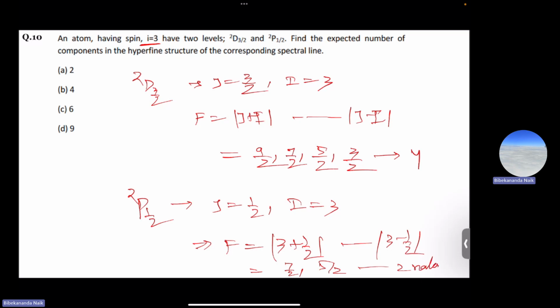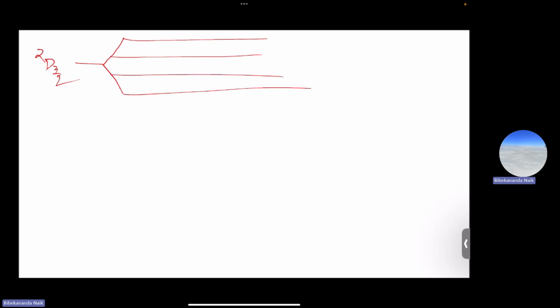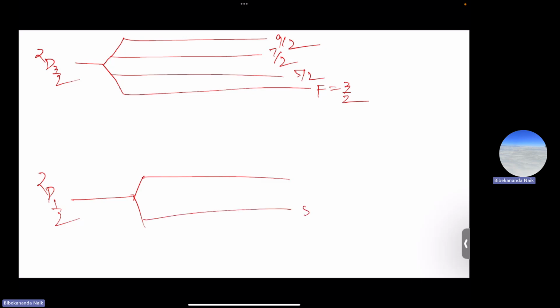So two values. So according to these F values, the level will be getting split. So 2D 3/2 will split into 4 levels: F equals 3/2, 5/2, 7/2, 9/2. And 2P 1/2 will be split into 2 levels: 5/2 and 7/2.